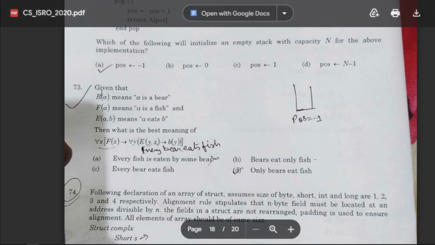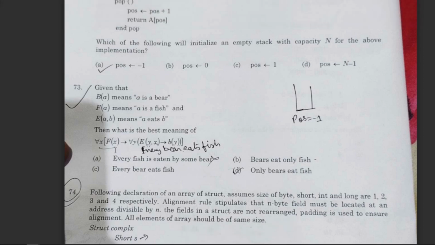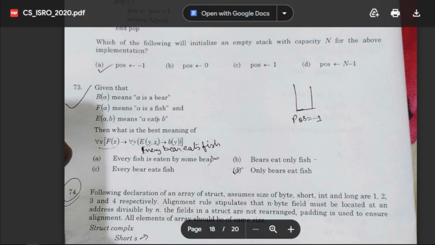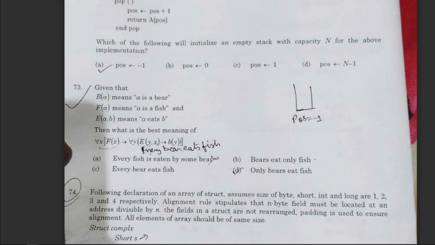73: given BA, FA and EAB, what is the best meaning of this expression? If we check the answer, it is D, that is only bears eat fish.